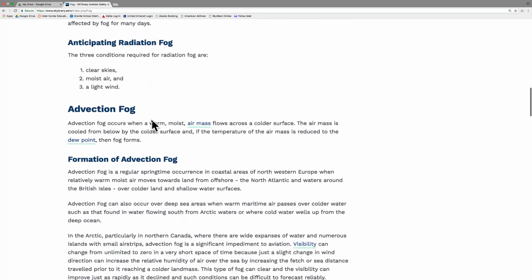Advection fog is when it's warm land, not cold land, but warm land, and a moist air mass flows across the surface.